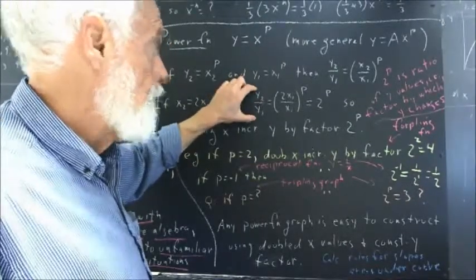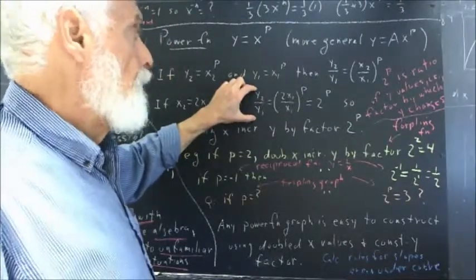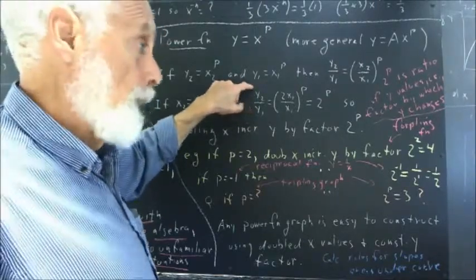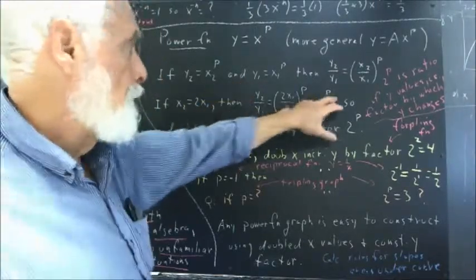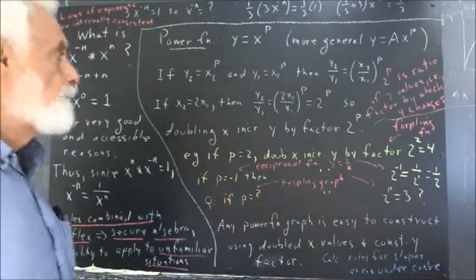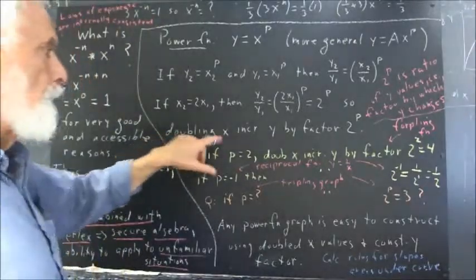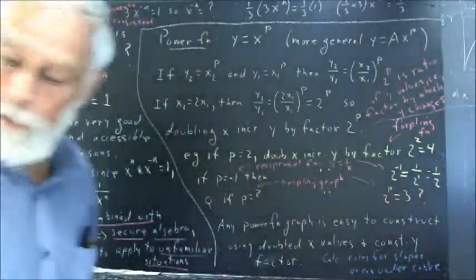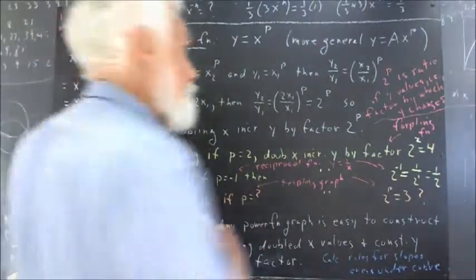The ratio of y values would be 2. The factor by which y changes is 2. That means that y2 is 2 times as big as y1. If p is equal to 2, well, we'll do that example down here. Okay, and we could say then that doubling x increases y by factor 2 to the p for any power function y equals x to the p.